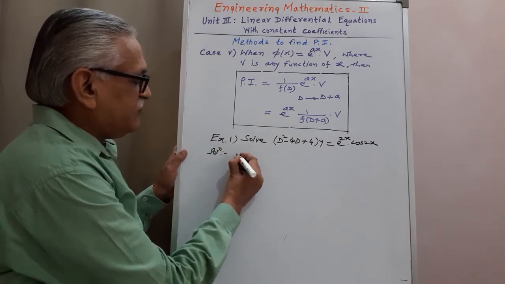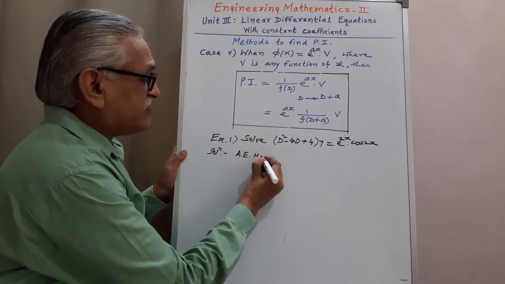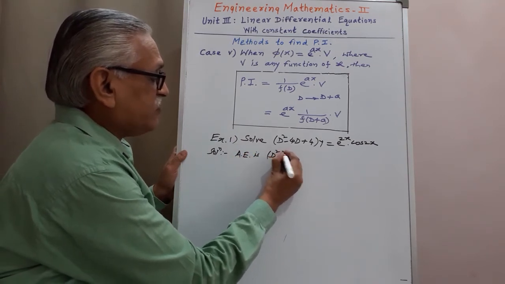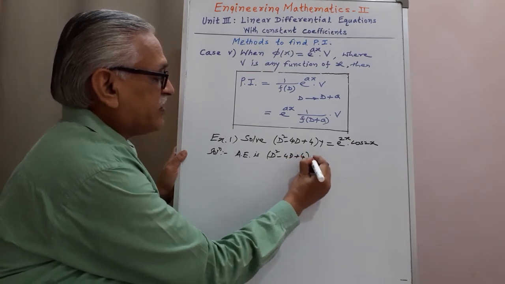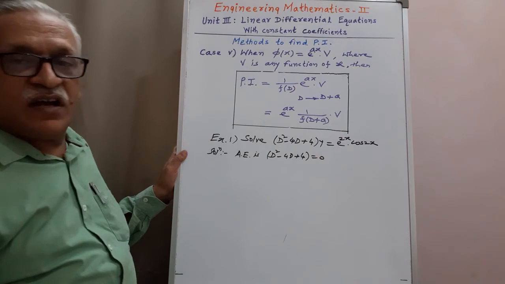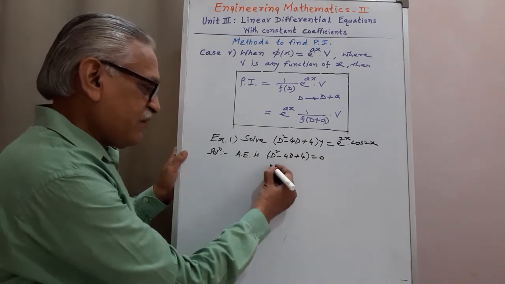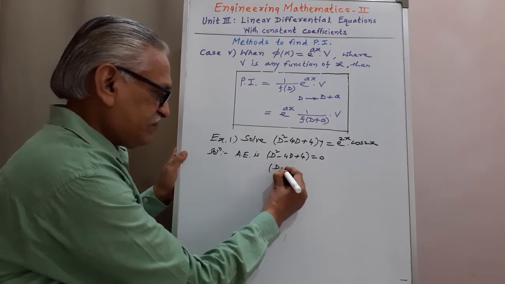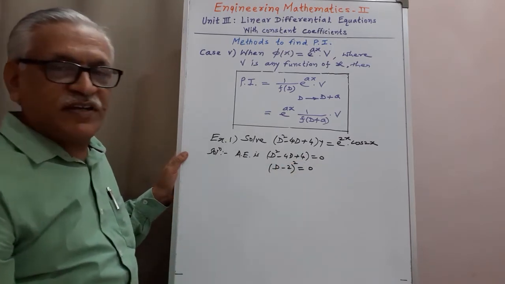to find CF, first we write down the auxiliary equation. Auxiliary equation is D square minus 4D plus 4, equating it to 0. Finding the factors of this, this term is the perfect square of D minus 2.